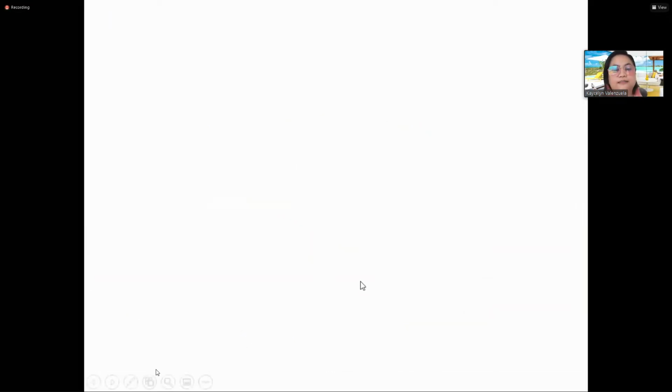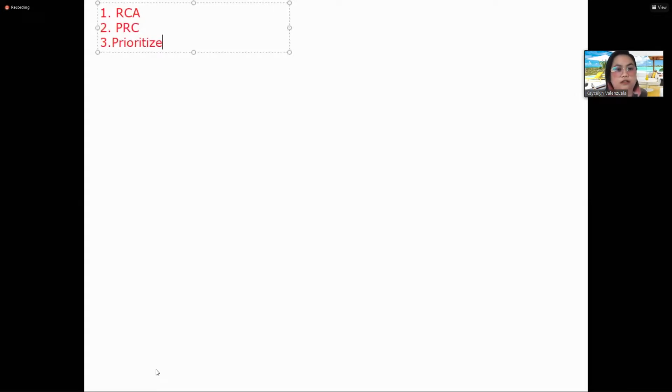Umpisahan natin para mas maging adept kayo on how to use tool. So, i-retype ko lang yung PRC. Meron tayong potential root causes. Okay, nasa analysis na tayo. Meron akong RCA na ginawa. From the RCA, na-identify ko yung potential root cause at pinrioritize ko. So, next na is validation. Yan.